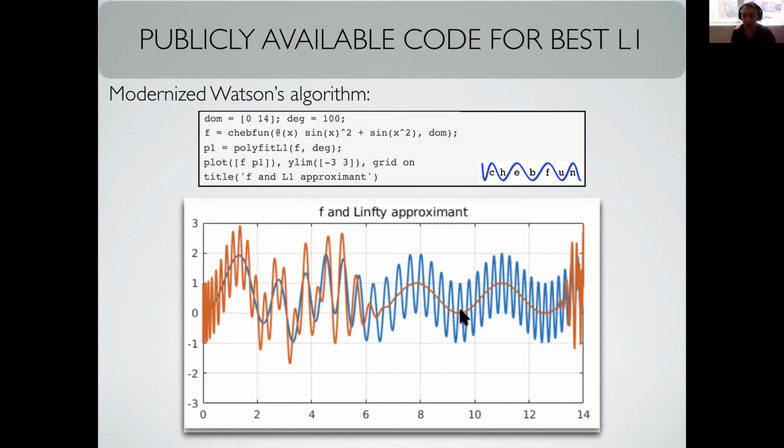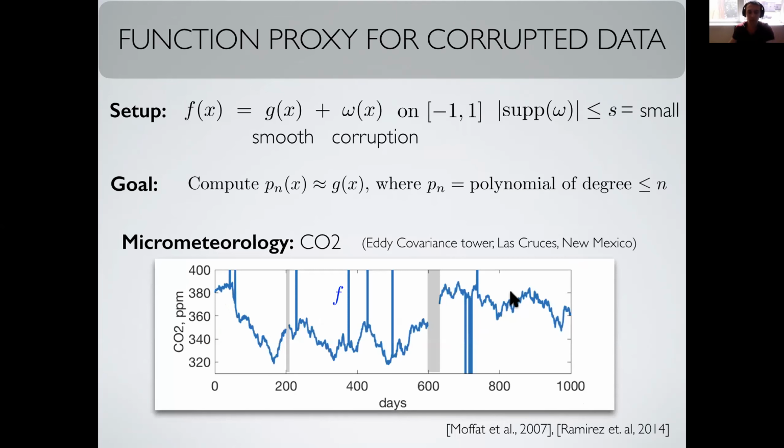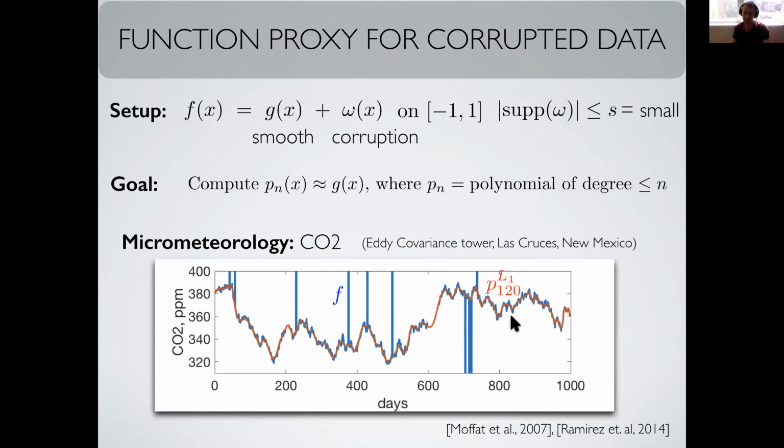You can see it's matching the mean here, so that it gets tons and tons of equi-oscillations in the error. So when you let m go to infinity, you end up in this situation, explaining why the best L1 can deliver this kind of thing. It's giving you almost the best L1 approximation to the smooth g up to some factors.